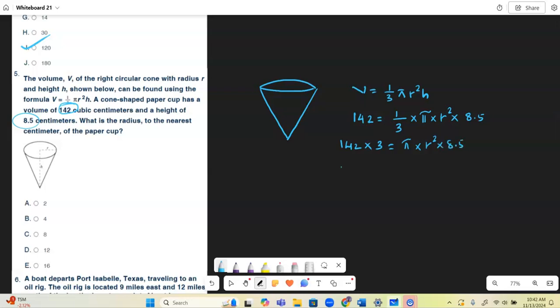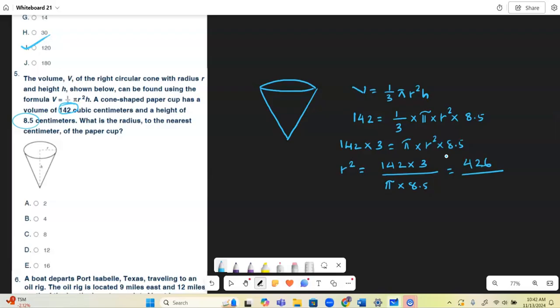When we are isolating this r piece, r square can be written as 142 times 3 divided by pi times 8.5. You need to find the product between those two. 142 times 3 is 426. 426 over pi, the value of pi is 3.14, you know that, times 8.5.